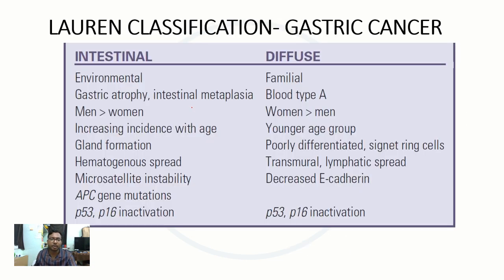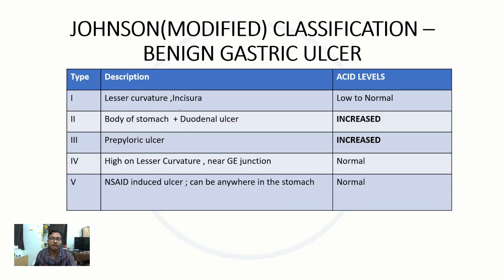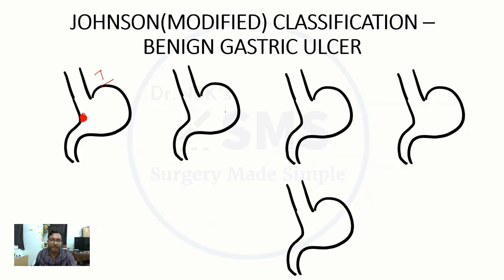Let's say you have an ulcer at the body of the stomach, and you also have a duodenal ulcer. So you have two ulcers here. Because you are having two, it is type 2 of the modified Johnson classification, right?